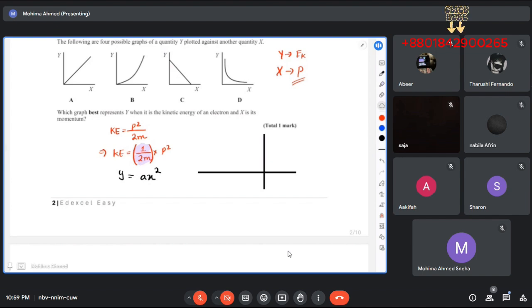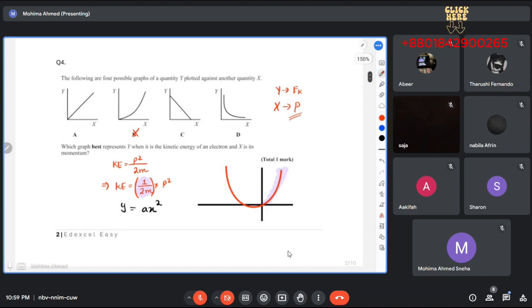So if that is positive, then this is how your original graph maybe was in this kind of shape, and it will be a little bit shifted. So this is how the graph looks. On your graph paper, they have only provided this section of the graph. And that's why option B is the correct answer.